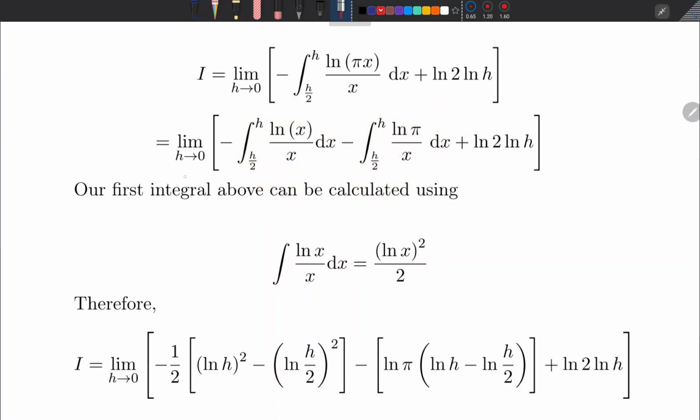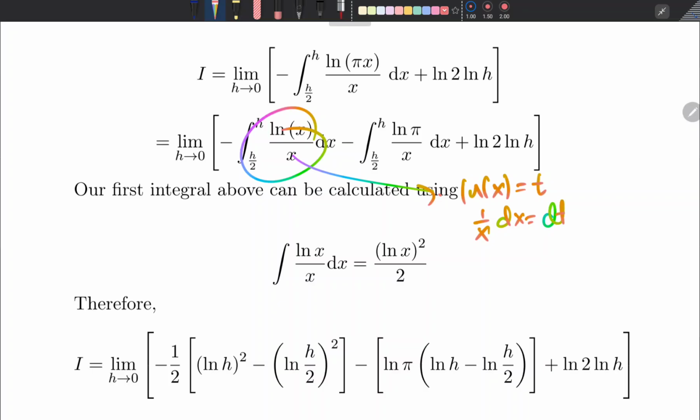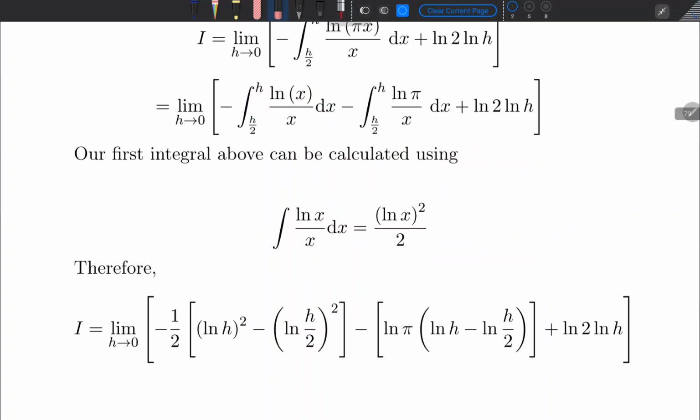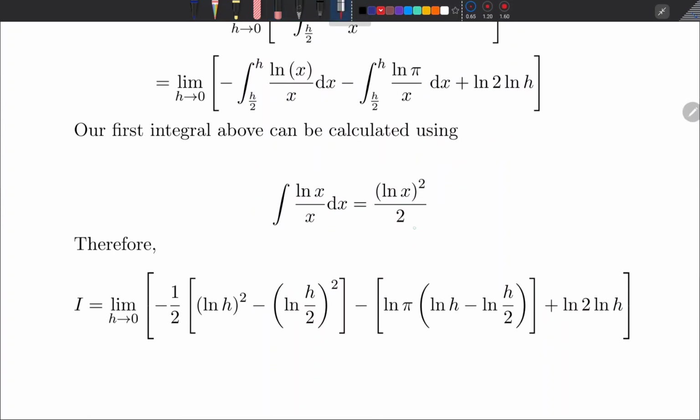And after solving this one, for this integral what we have to do is plug natural logarithm of x as t, so we have 1 over x dx as dt. So we would be having the square of this part of your numerator over there. So this is the result actually.